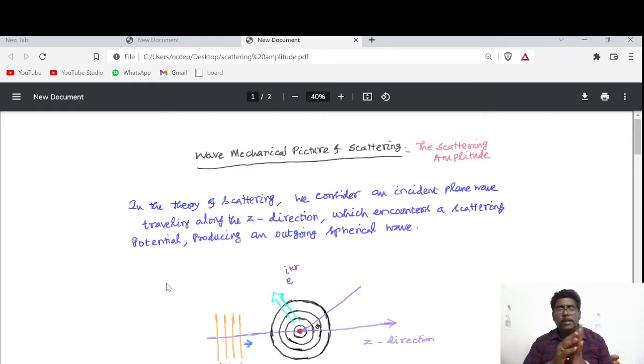If you assume that the incoming beam is traveling along the z direction, as they approach closer to the scattering center, they may be scattered, and the scattered wave is treated as a spherical wave, whereas the incoming wave is a plane wave.